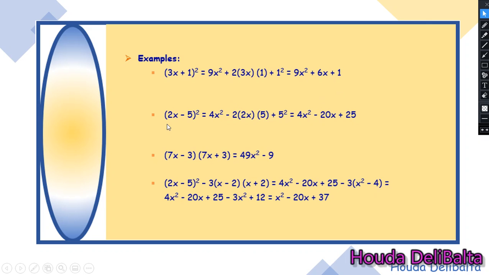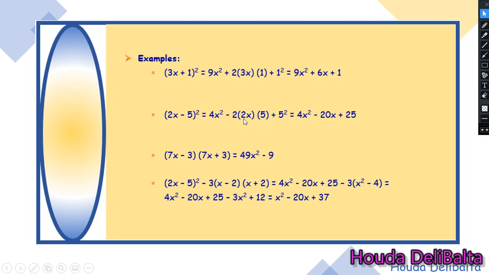Here is an example on the second identity, the square of difference. (2x minus 5), all of it squared. So I have to square the first term. So it will be 4x squared, minus in the middle, 2 from the property, times the first term, which is 2x here, and the second term, which is 5.